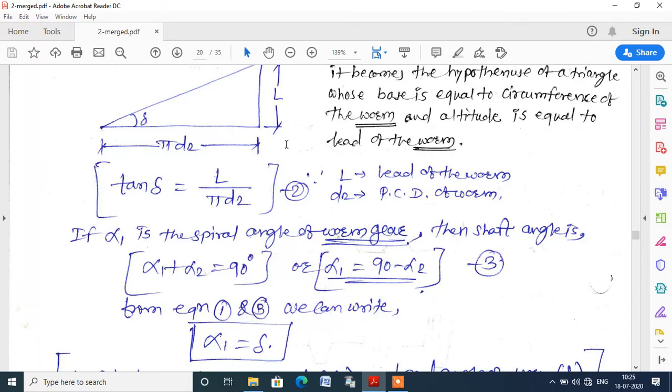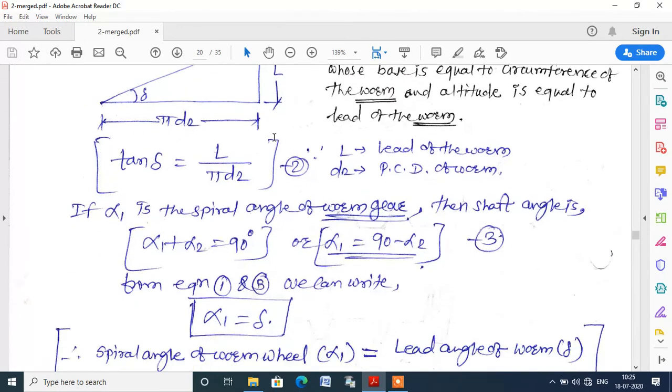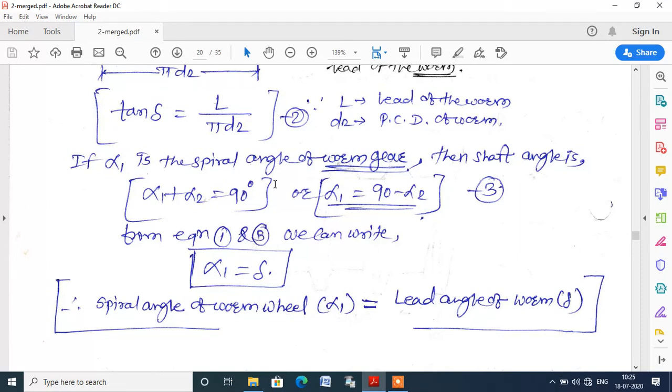So alpha 1 is nothing but delta, the lead angle. The spiral angle of the worm wheel, alpha 1, is nothing but the lead angle of the worm, delta.